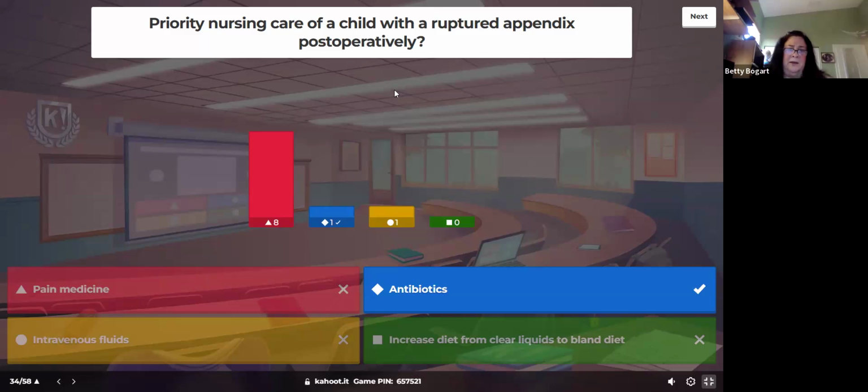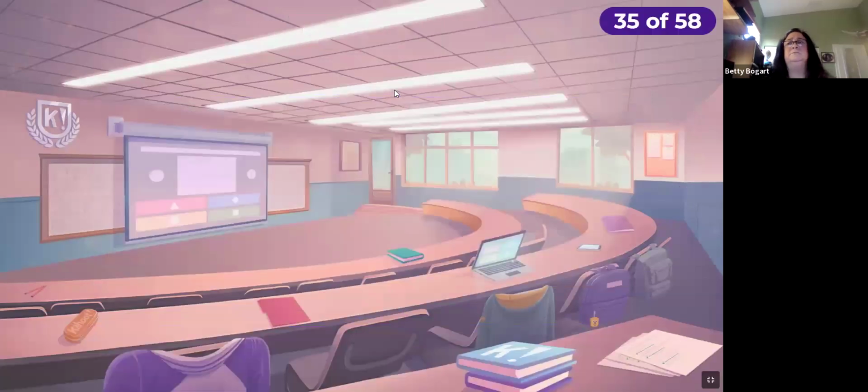Yes, the child's going to be in pain, but no, antibiotics. You have a ruptured appendix, it's your priority. I understand you want to keep them comfortable, but number one, antibiotics. Number two, pain medicine to get them up, get them out of bed, etc.